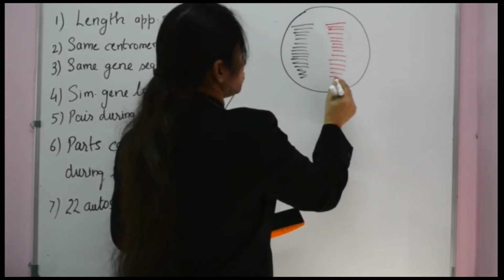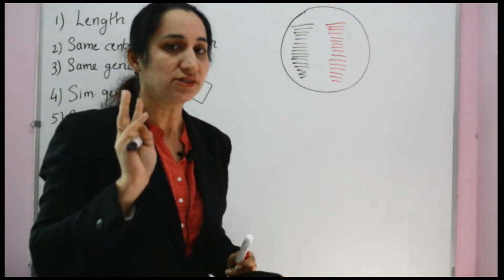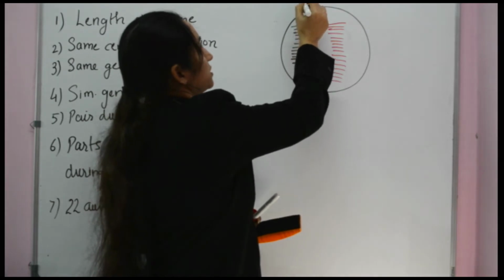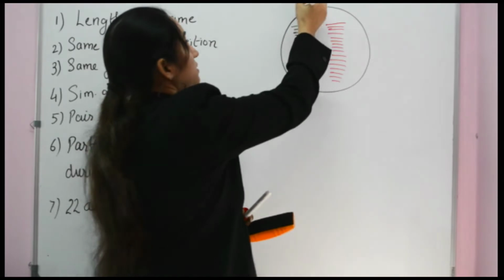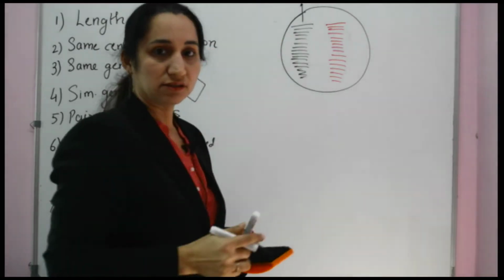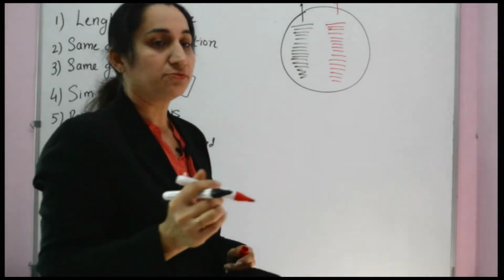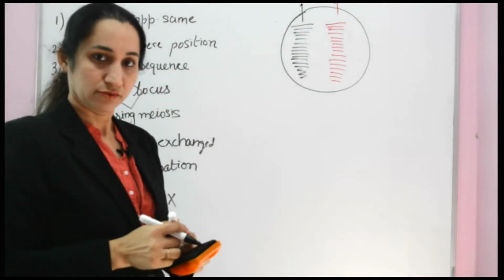How many chromosomes are these? These are 23 chromosomes contributed by the father, known as paternal chromosomes, and these are the 23 chromosomes contributed by the mother, known as maternal chromosomes, right?